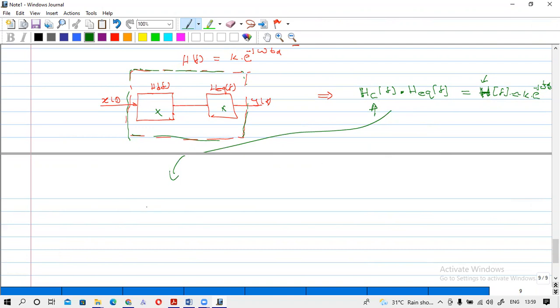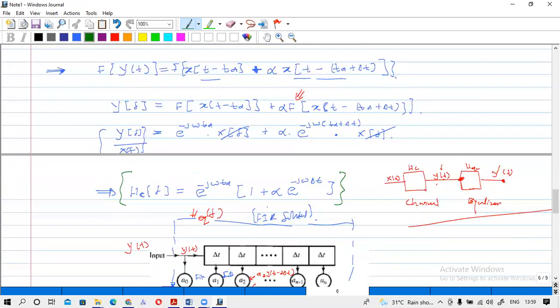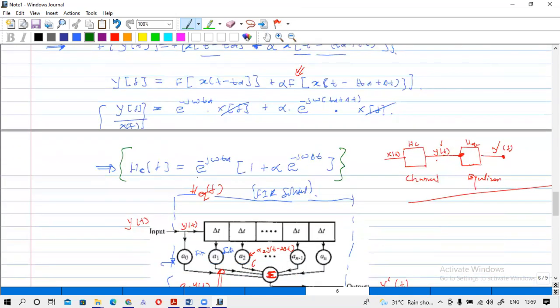H_C(f), I have e to the power minus j omega TD into 1 plus alpha e to the power minus j omega delta t.